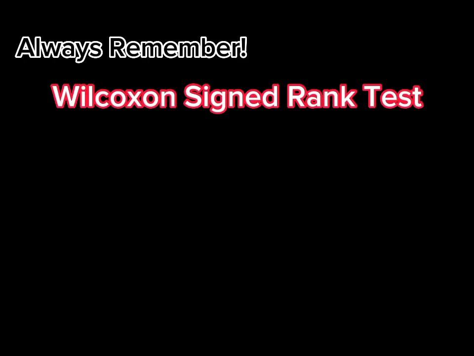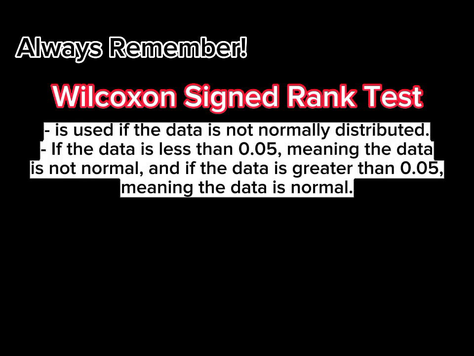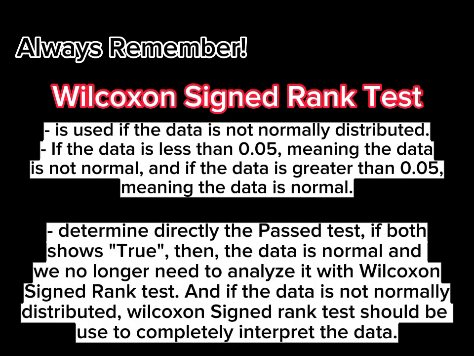Always remember that the Wilcoxon Signed Rank Test is used if the data is not normally distributed. If the p-value is less than 0.05, the data is not normal, and if it is greater than 0.05, the data is normal. Or else, determine directly the pass or fail result.